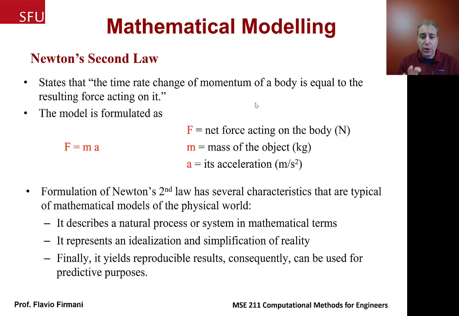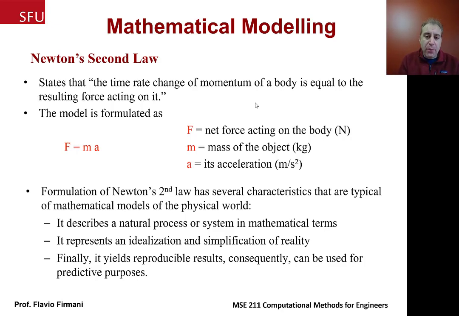So in order to explain that, we're going to talk about Newton's second law, and then we're going to solve a problem just to give you an idea of how we're going to implement numerical methods. Newton's second law states that the time rate change of a momentum of a body is equal to the resulting force acting on it.